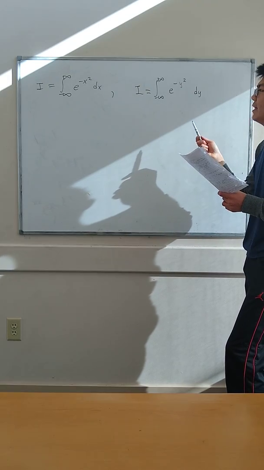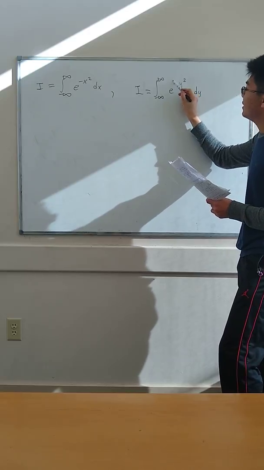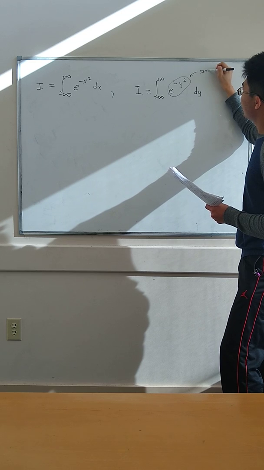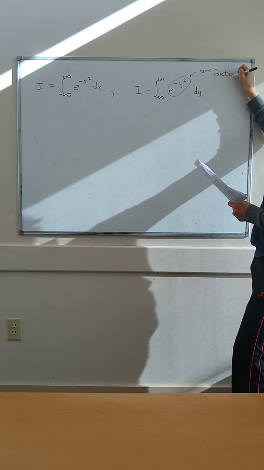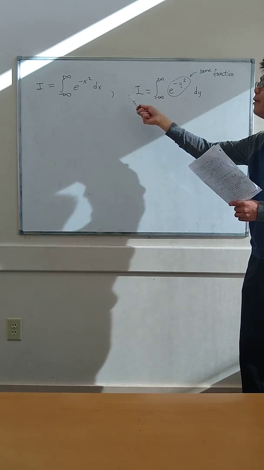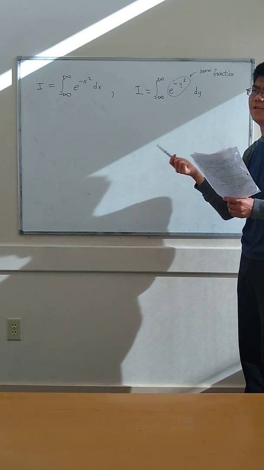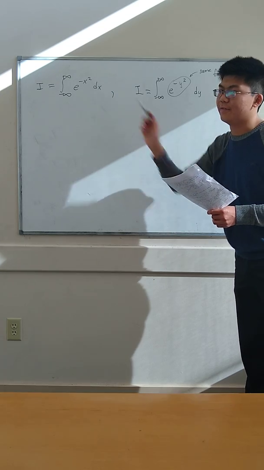What I'm doing here is this integral is still the same function. It still produces the same value. I just switched the variable name from x to y. And I'm going to continue deriving this expression on how to actually get the value of this.